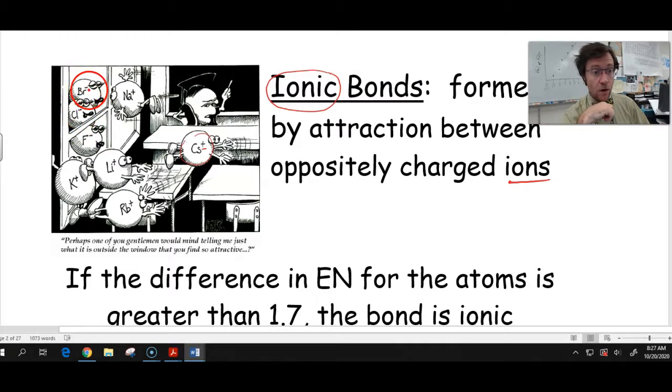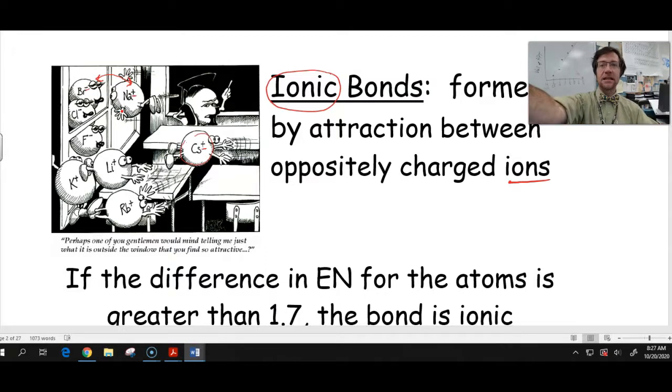So these guys all get a negative charge. And if you can see, there's a negative charge and a positive charge, and you guys know what happens when opposites get near each other. They attract. And that's basically what holds an ionic bond together, the attraction between the opposite charges, the positive and the negative. Are you guys picking up what I'm putting down?